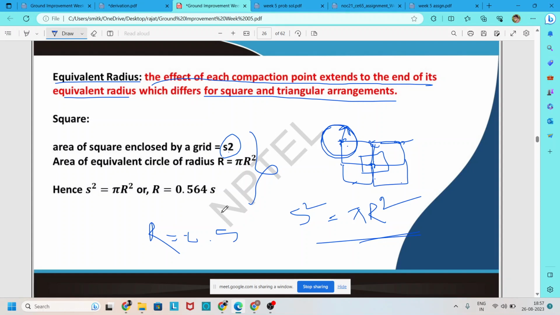So we are discussing that for square pattern, this influence area is nothing but the square of the spacing.